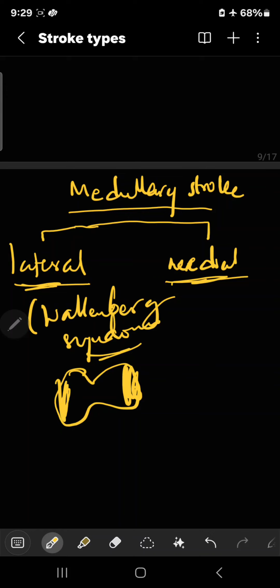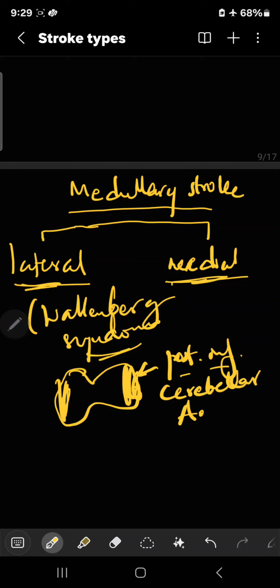Mostly this area will be supplied by the posterior inferior cerebellar artery. So posterior inferior cerebellar artery occlusion will be there in lateral medullary stroke, also called Wallenberg syndrome.